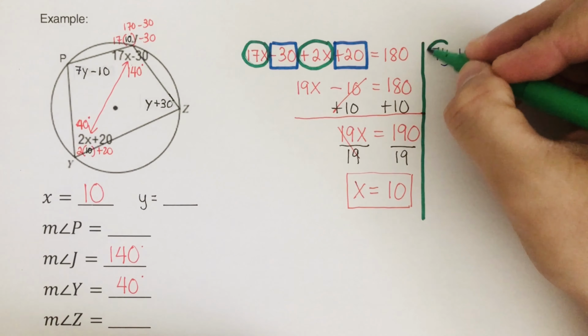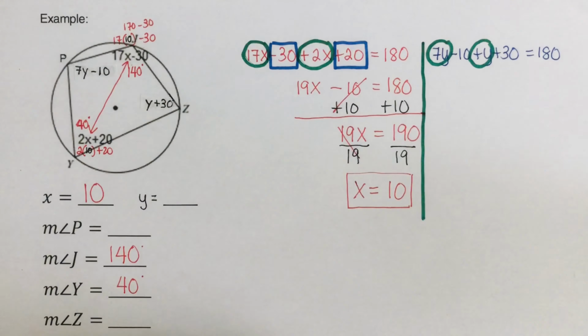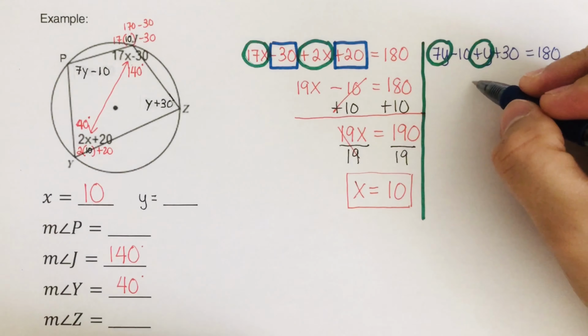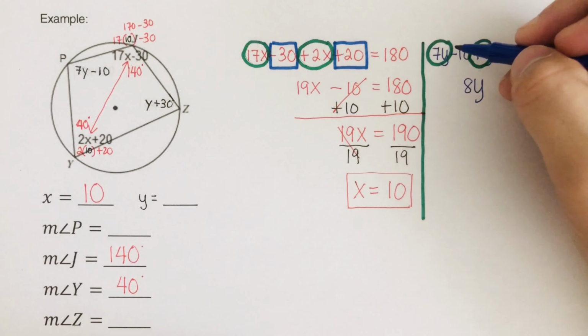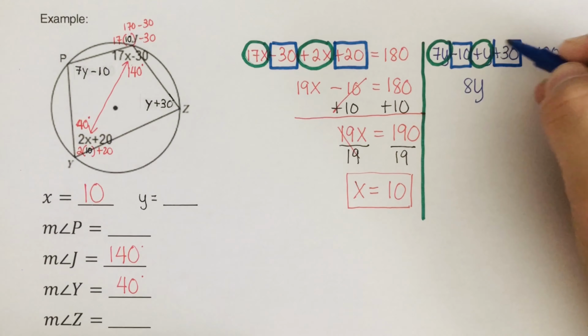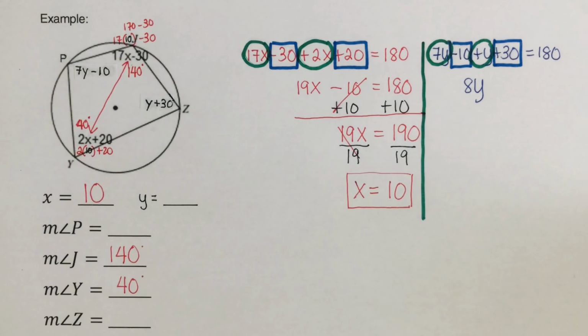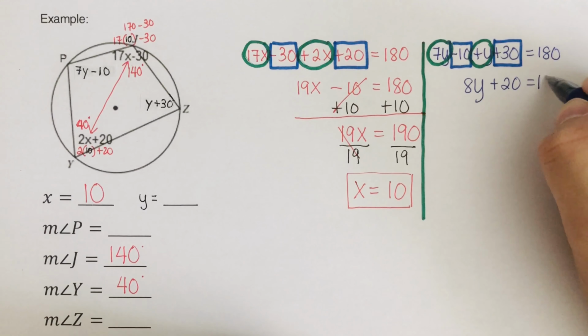We have 7y and 1y would be 8y. And then I'm going to combine the constants. So negative 10 plus 30 is a positive 20. So that would be 8y plus 20 equals 180.